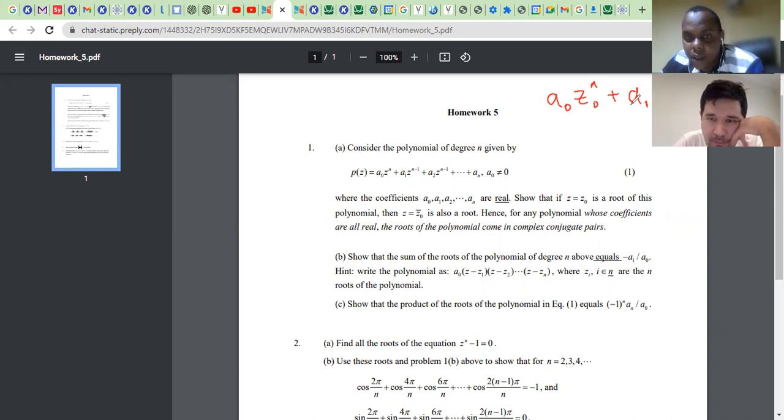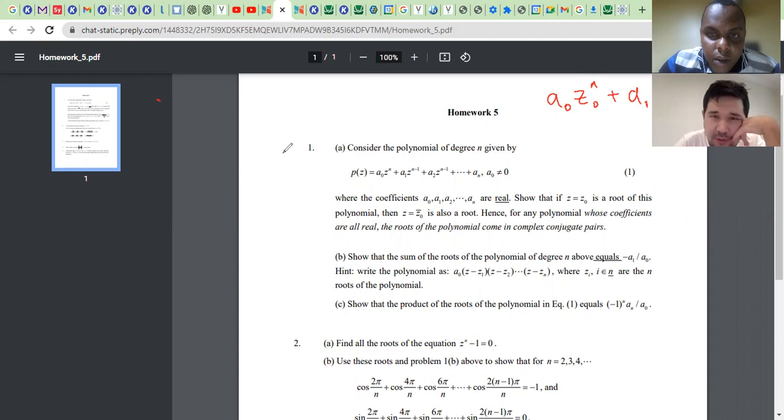You mean the whole polynomial, the whole equation. If Z naught is a root, then the whole equation is going to become 0. Why is it going to be 0?